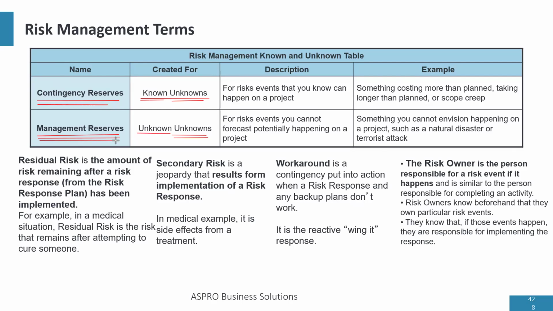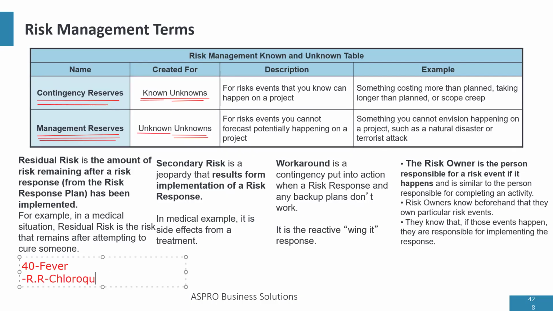Right. So let's talk about residual risk. It is the amount of risk remaining after a risk response from the risk response plan has been implemented. So what do we mean by residual risk? Leftover risk. So let's say that someone is having a fever and the temperature is 40 degrees. That's very high. So what do you implement? A risk response, RR, and you give the person a full dose of chloroquine.